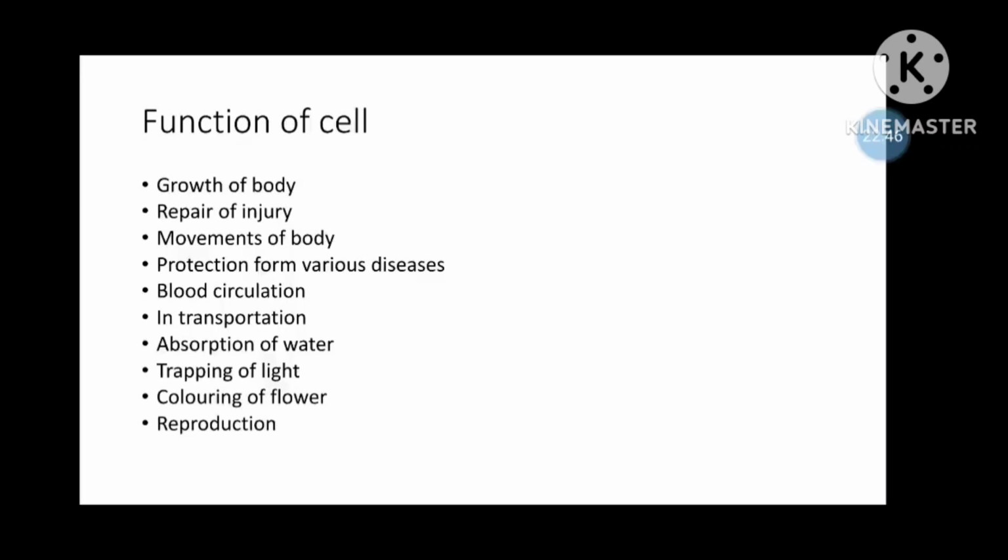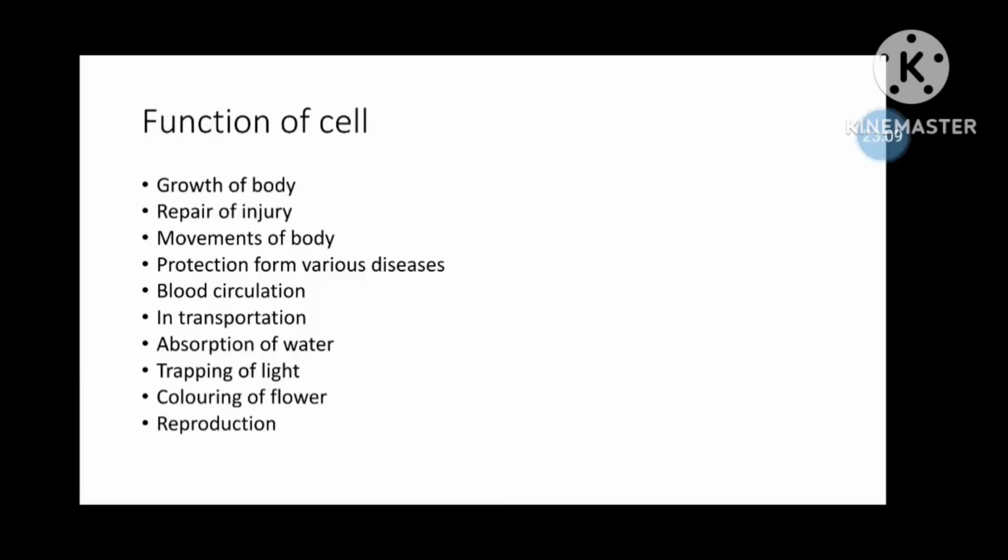Function of the cell. Up till now, we were discussing the different cell organelles, types of cells, and the difference between plant cells and animal cells. But now the question arises: what does the cell do? So let's discuss the function of the cell.